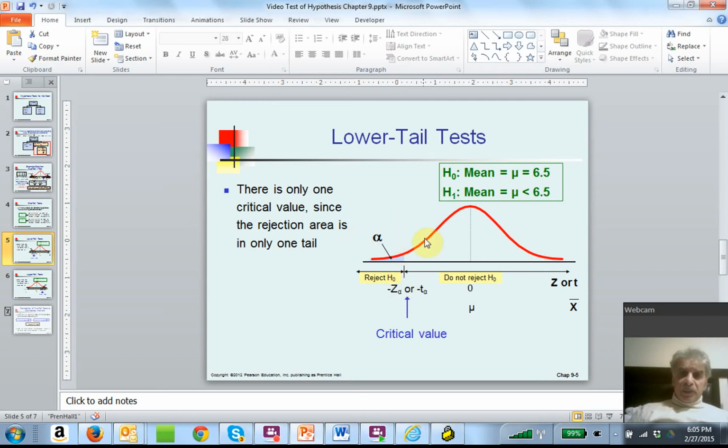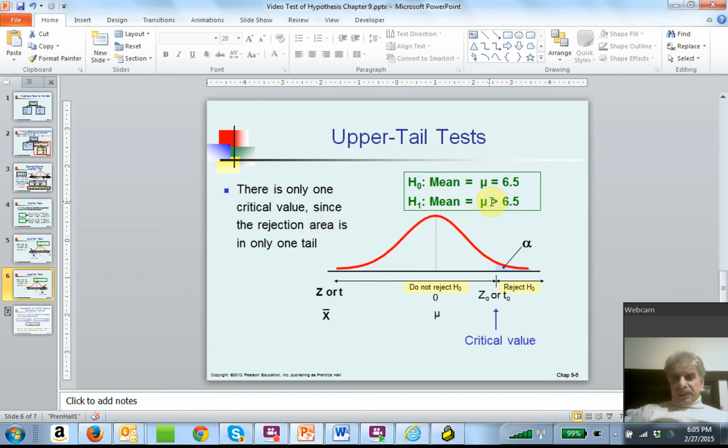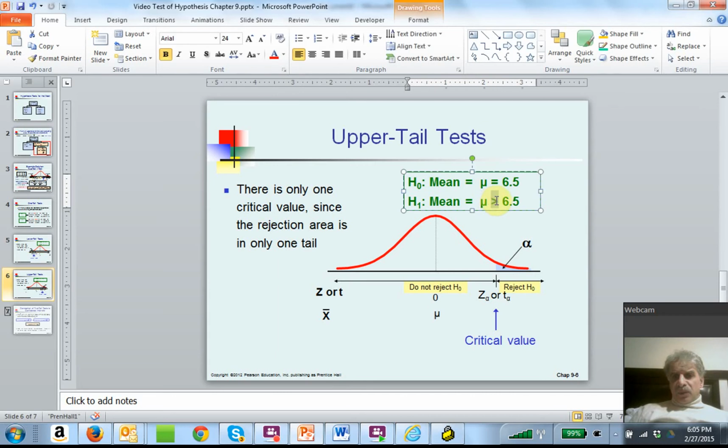And my rejection region would be to the left of my table value, let's say in this case t table. On the other hand, anytime I have alternative more than, then my rejection region would be on the right side.